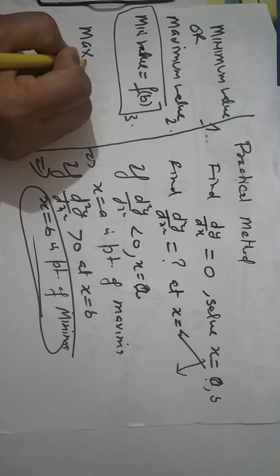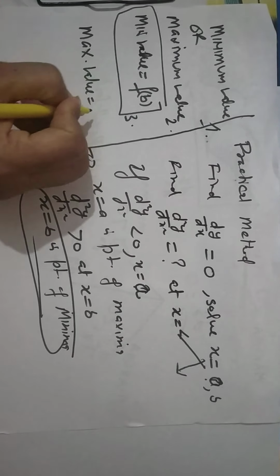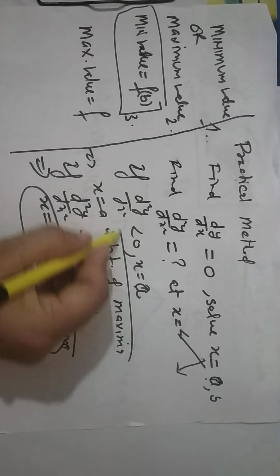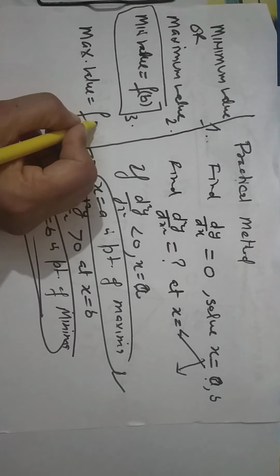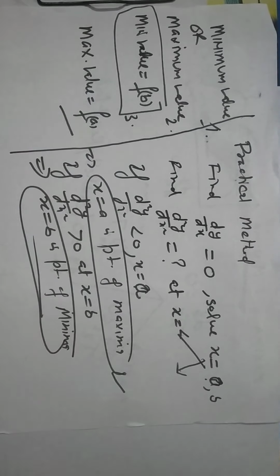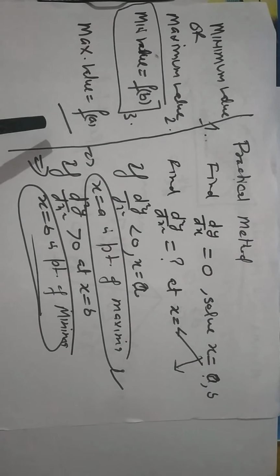Similarly, for the maximum value, you have to put the point of maxima in the given function. You will get the maximum value. So this is a very easy way to solve questions of maxima and minima.